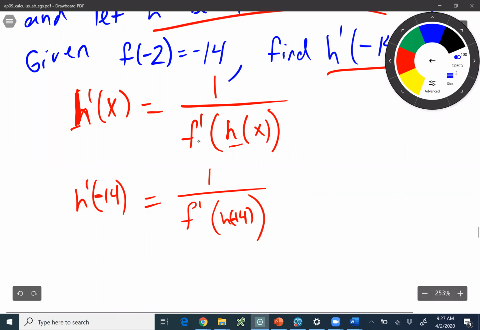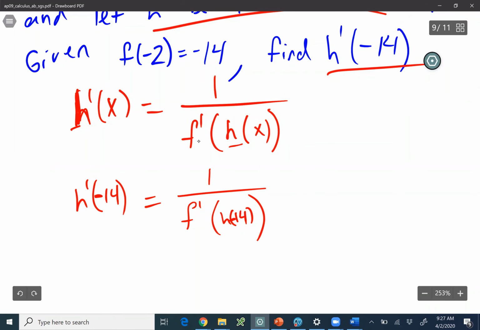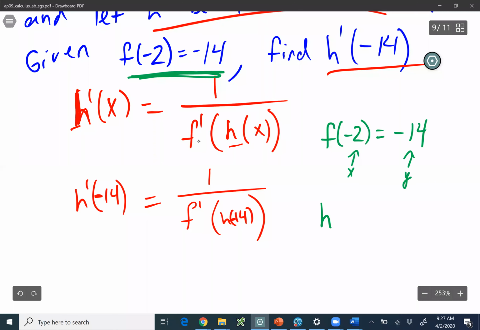The way inverses work is that we had f of negative 2 equals negative 14. Well, this is our x and our y. For h, it's always going to flip. So h of negative 14 is equal to negative 2, because we're flipping our x's and our y's for inverse functions.